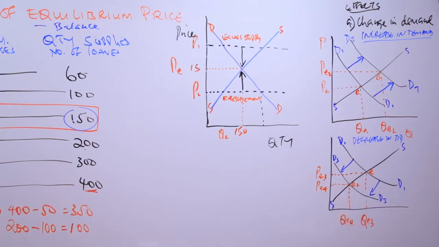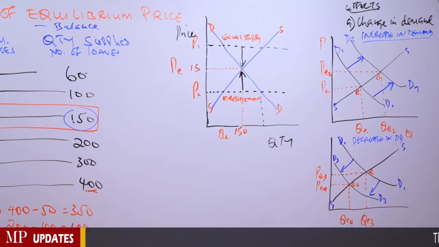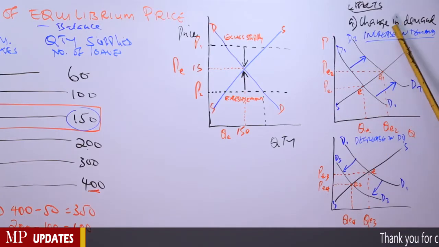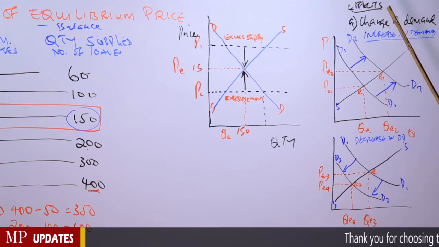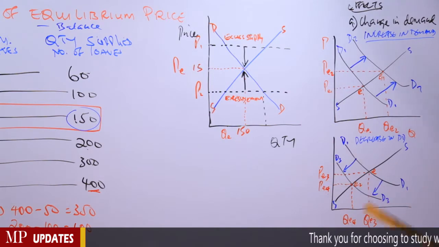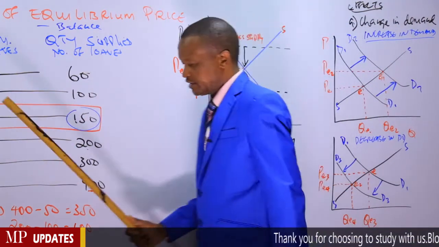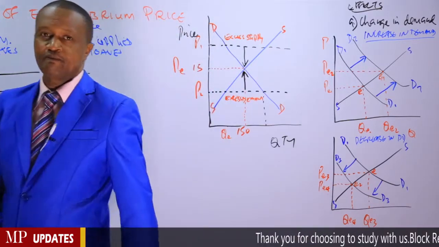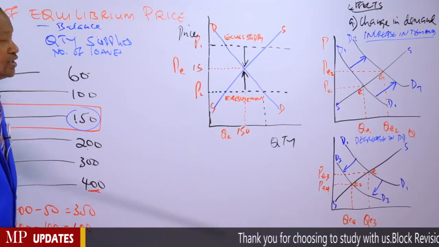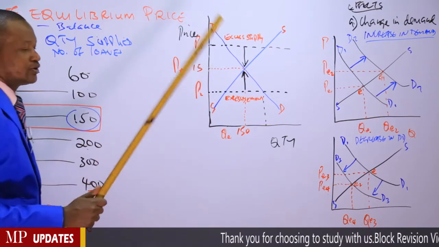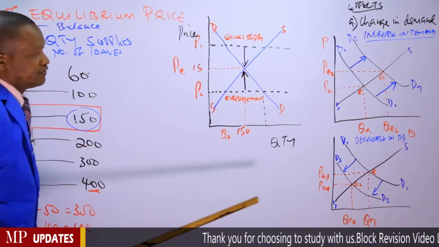We can now discuss the impact of change in supply. Today we have discussed the effect of shifts in the demand curve. In our next lesson, we discuss the effect of shift in the supply curve.